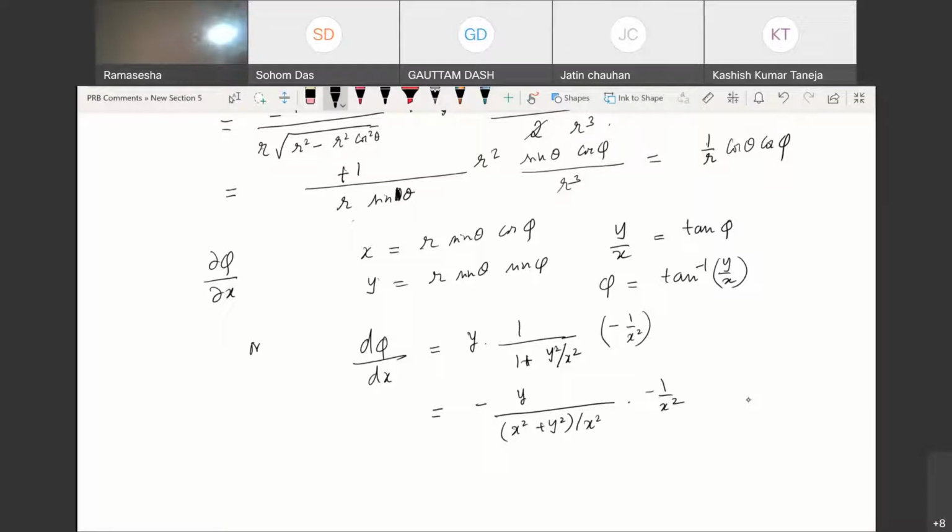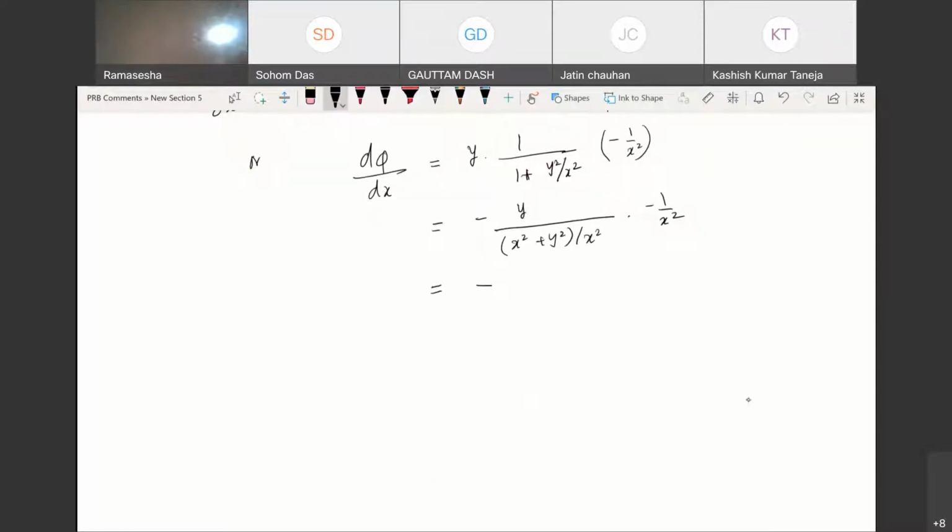So that is going to give me minus y will become plus y divided by x squared plus y squared.